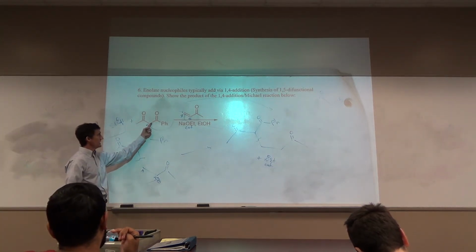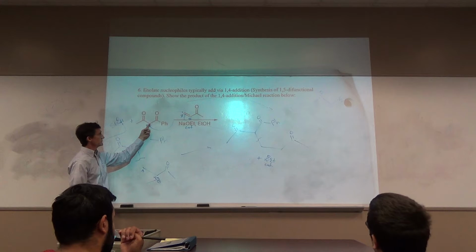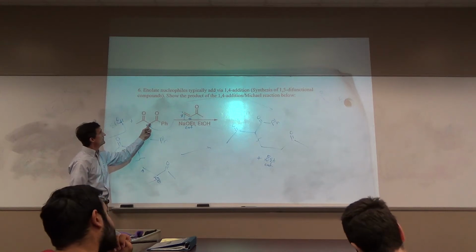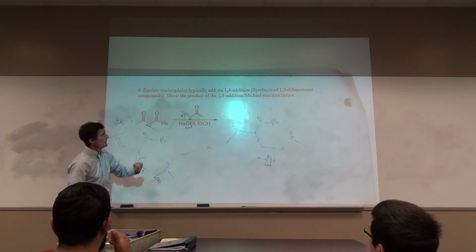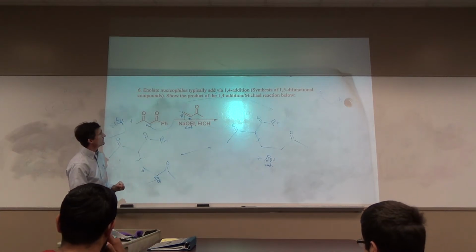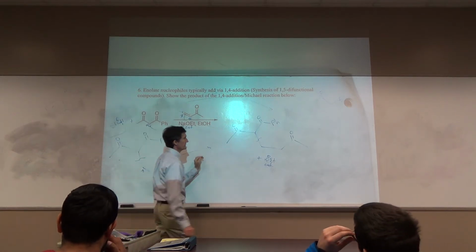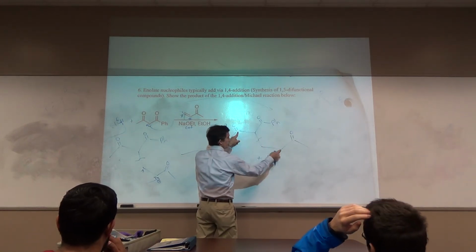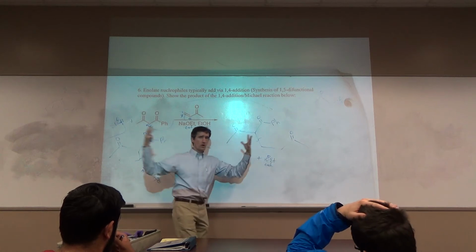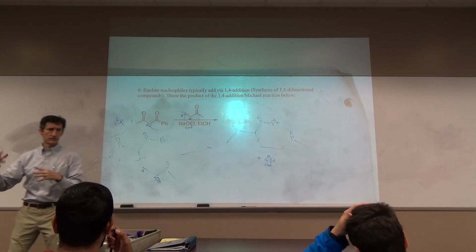This is an enolate. It's actually an activated enolate. It's between here. Enolates typically add 1,4. Now, it is a synthesis of a 1,5 difunctional compound. You don't need to know that, but look at it. If that's 1, 2, 3, 4, 5, we've got 2 carbonyls separated in a 1,5 relationship.